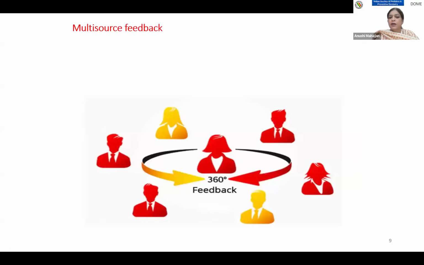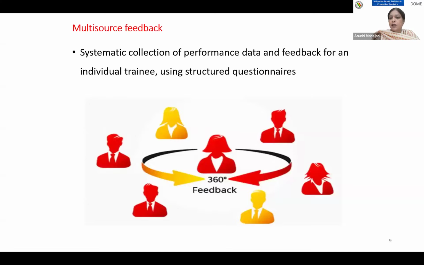Next is multi-source feedback. There are various forms of feedback and various ways and places where you can take feedback. Multi-source feedback, also known as 360-degree feedback, is where you use multiple people who can provide feedback to the student. They could be the teachers, their peers, the patients themselves, the paramedical staff.